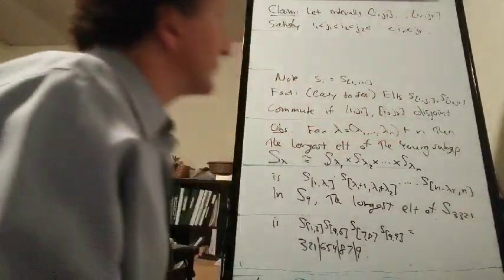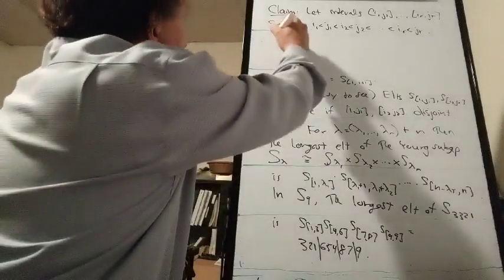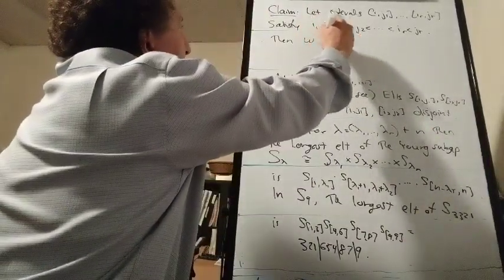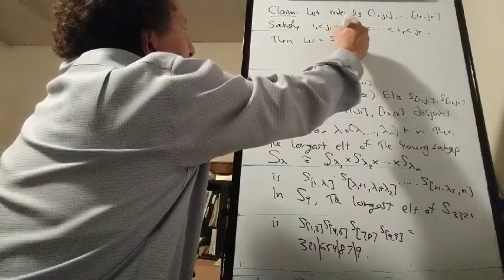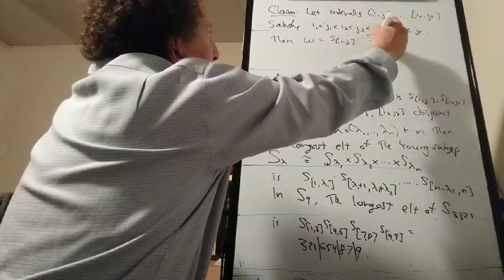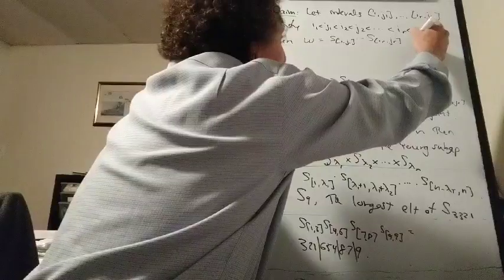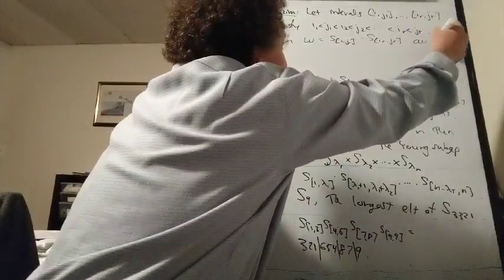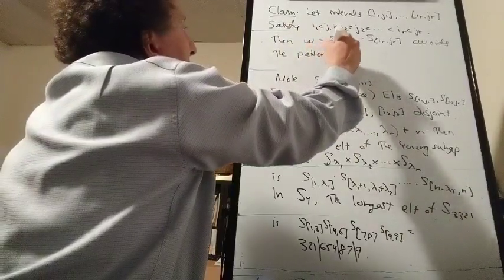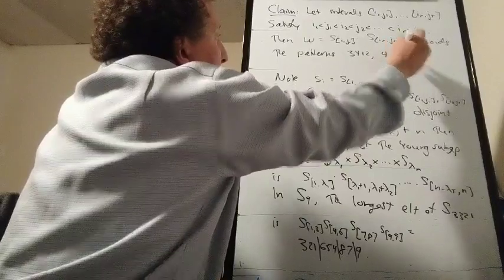They commute, so it doesn't matter, but let's just write them in this way. Then if we take the product of the reversals, that avoids the patterns 3, 4, 1, 2 and 4, 2, 3, 1.